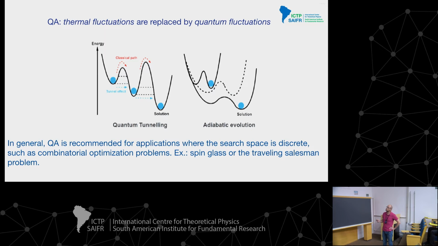So according to the evolution of time, if you prepare your initial state as the ground state of a simple Hamiltonian, and you change the Hamiltonian very slowly, you observe that at the end of the evolution time, the state of the system will be in the ground state of the final Hamiltonian. That's the idea, okay? So it's necessary to replace thermal fluctuations with tunnel effects, right?